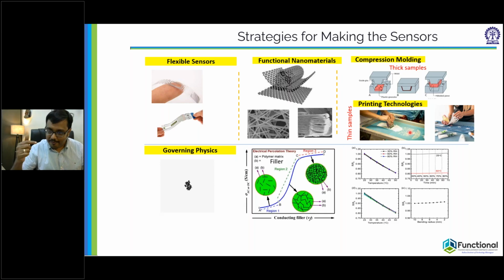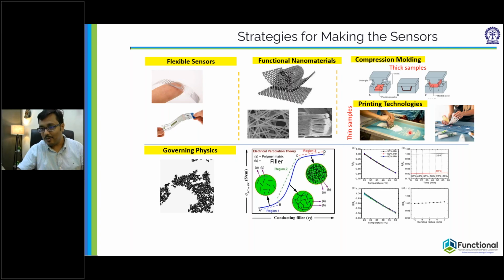So we took that idea, and we started working on screen printable sensors also, where we can make different fine designs on the mask, and we create a functional ink with rubbers. Now these rubbers can be liquid rubbers, or even solid rubbers dissolved in a particular solvent.